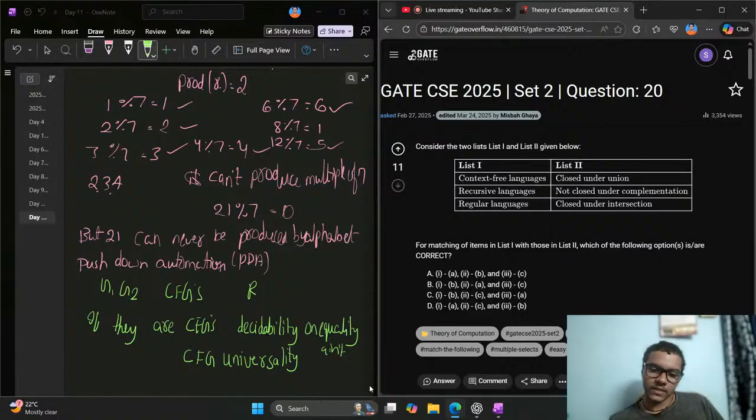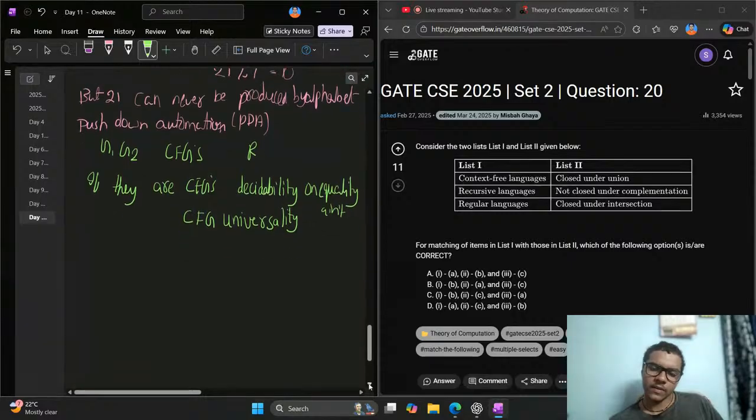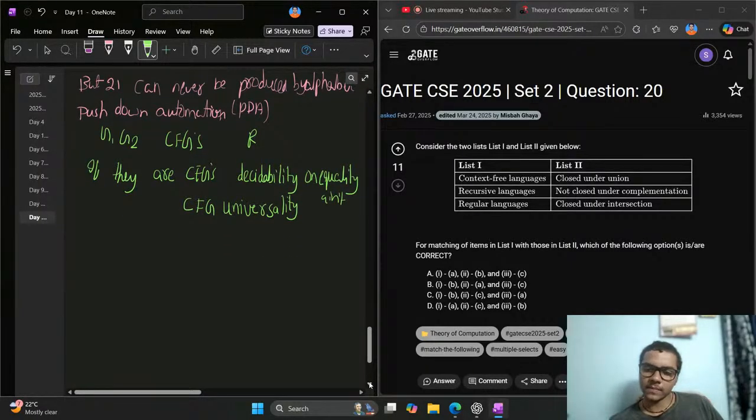Okay, context-free grammar, recursive language, regular language. I think I can do this.